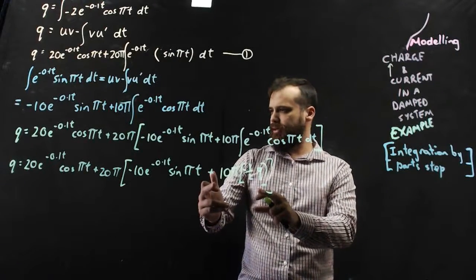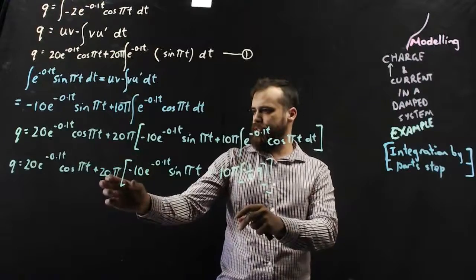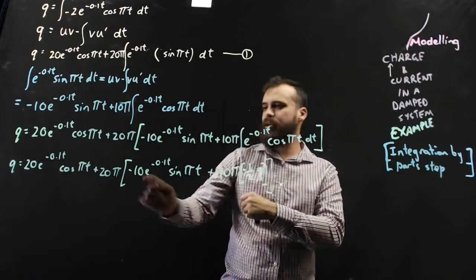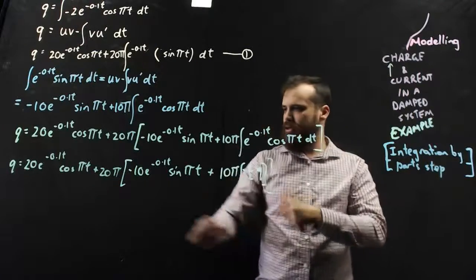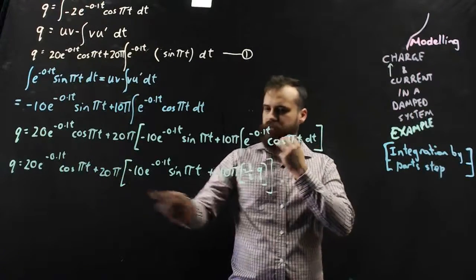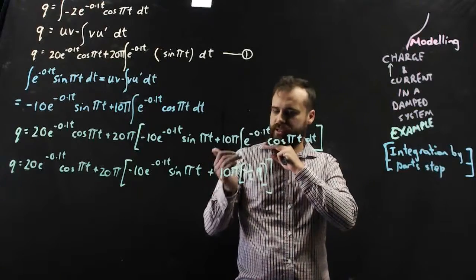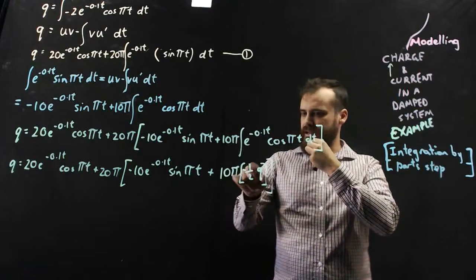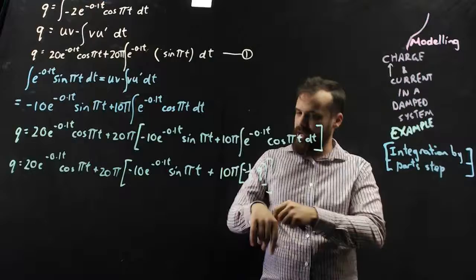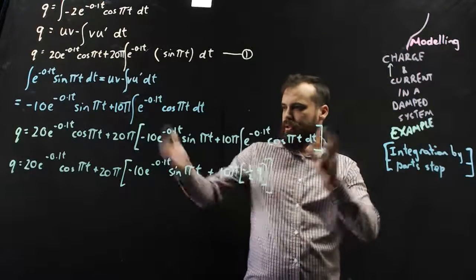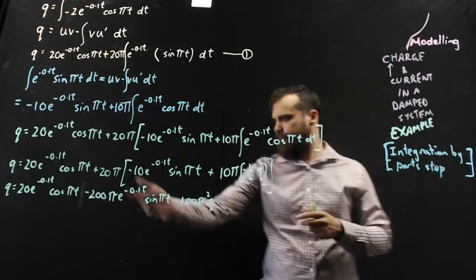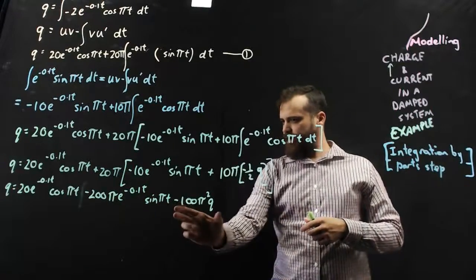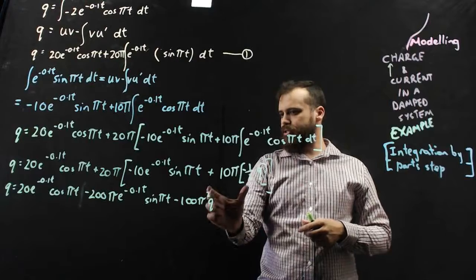Alright, so it's going to be that times that, which is going to be like negative 200 pi e to the negative 0.1 sine pi t, and it's going to be 20 times that, which is going to be like 200 pi squared, but then times negative 1/2, so negative 100 pi squared q. Go! Alright, so that's it. I've just expanded that. So now I have this negative 100 pi squared q.